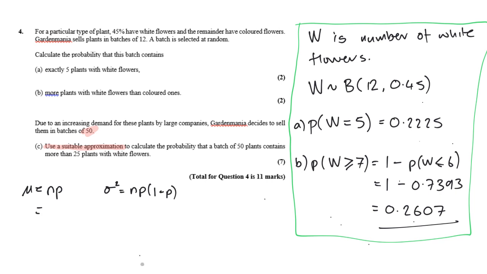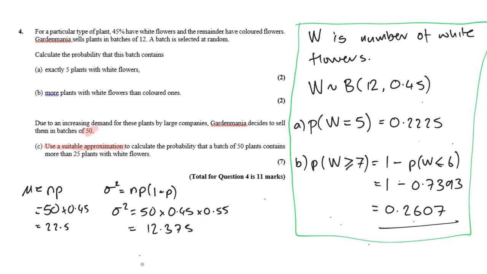So mu is 50 times 0.45, which is 22.5. That's the mean, and sigma squared will be 50 times 0.45 times 0.55, and that will come to 12.375.